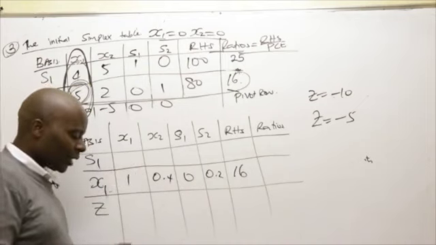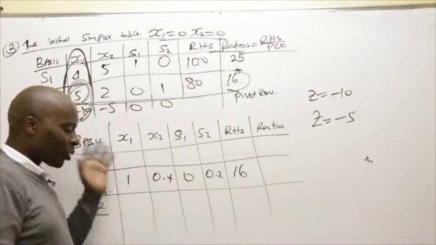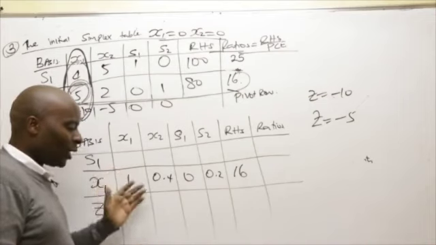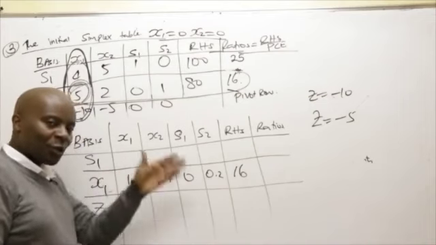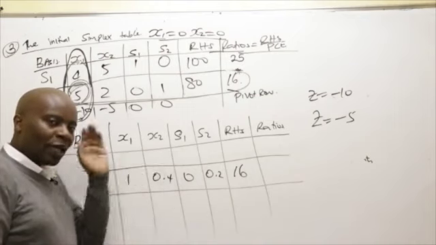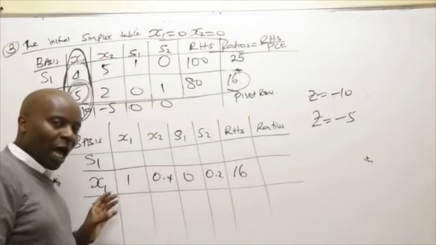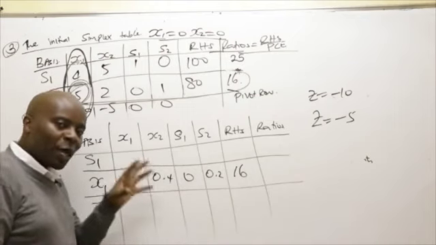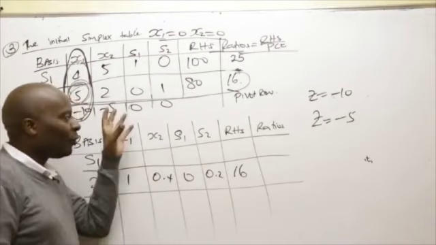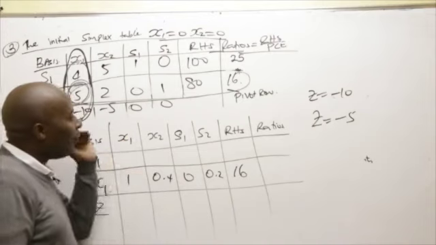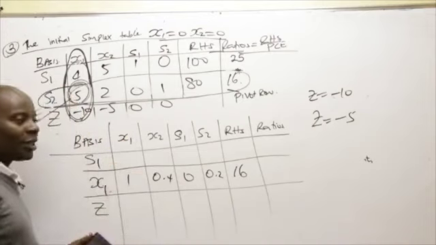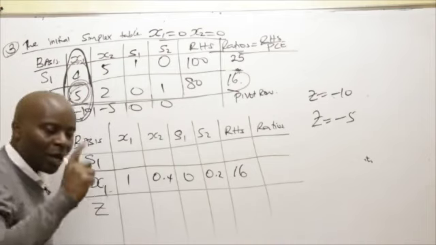I'm going to repeat this once more. What have we said? Identify the pivot column. The pivot column will give birth to ratios. Those ratios will help us get the pivot row. After I get the pivot row, when I'm transferring it to this new table, I must ensure that the pivot element is always 1.